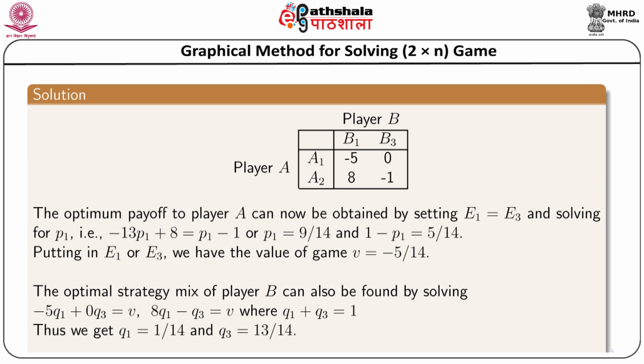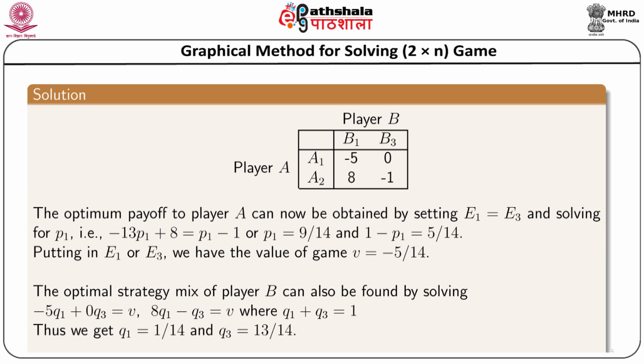In order to find the optimal strategy, we equate the expected gains E1 and E3 and solve for P1, which gives P1 equal to 9 by 14 and P2 equal to 5 by 14, and from this we get the value of the game V as minus 5 by 14.